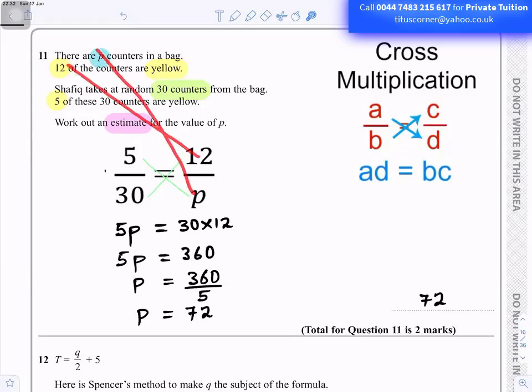So you cross multiply: 5 times P, 5P, and 30 times 12 is 360. 5 times P is equal to 360. You divide by 5. P is 360 divided by 5. It gives you 72.